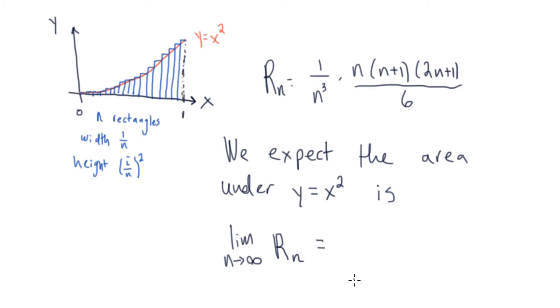Okay? And now it's just a pretty elementary exercise to take the limit of this function as n goes to infinity. Notice that this is a rational function, right? So if we factor out the highest factor of n on the top and the highest factor of n on the bottom, then we're going to have basically something like 2n cubed over 6n cubed times 1 plus some stuff that's going to 0 over 1 plus some stuff that's going to 0.